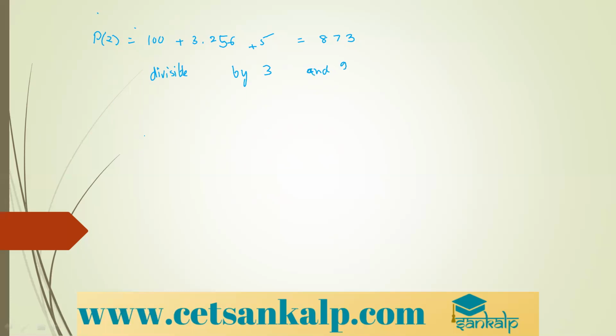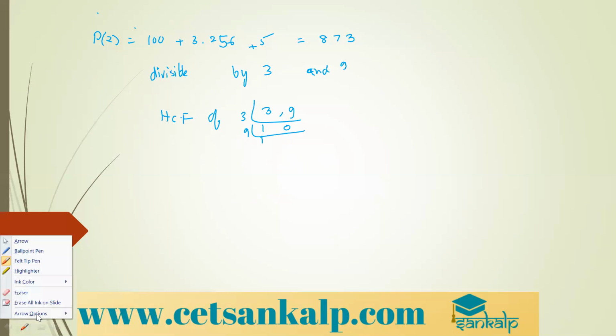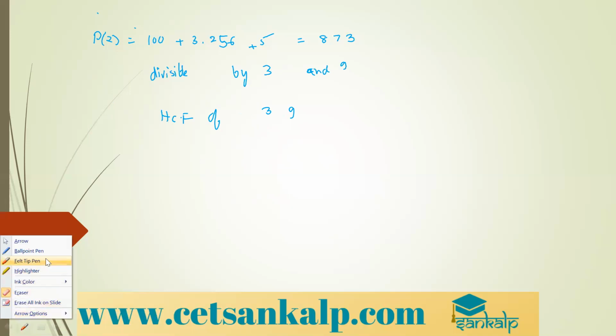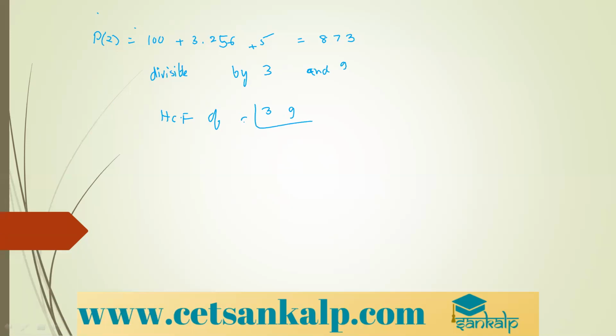But how will you say one answer? You have to go for HCF of 3 and 9. 3 once, 9 once, because you can't go further. That's it. So in order to find HCF of 3 and 9, what we have to do is 3 ones, 3 threes.